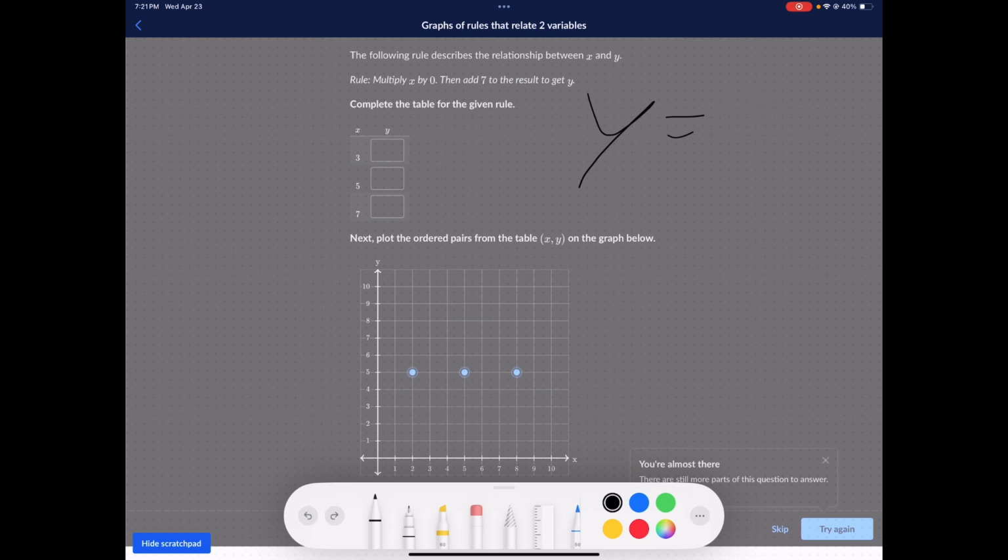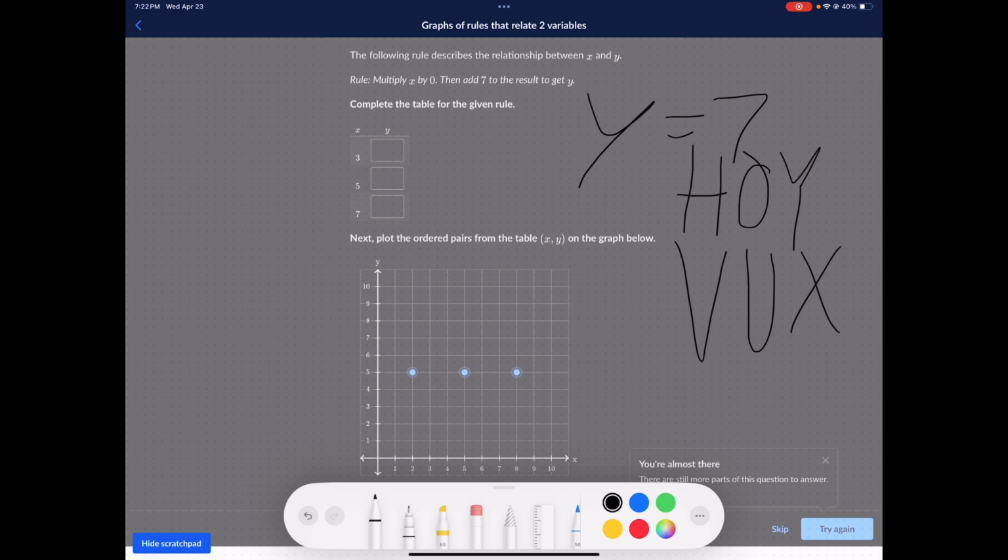And then add 7. Ooh, here's something I want to talk about. When the slope is 0, you're going to learn this a little later, near the end of Algebra 1. You hear terms called Hoy and Vux. Basically, there's no slope at all, or the slope does not exist.